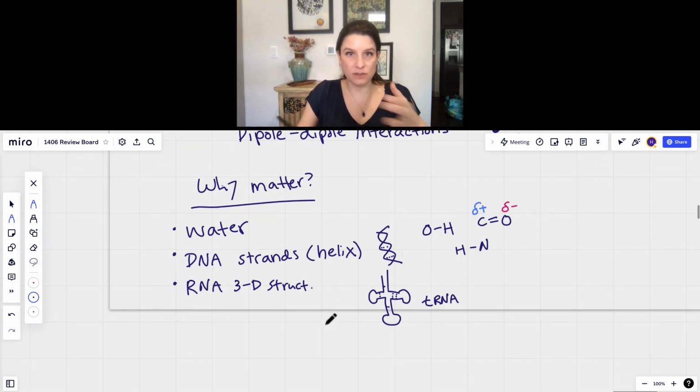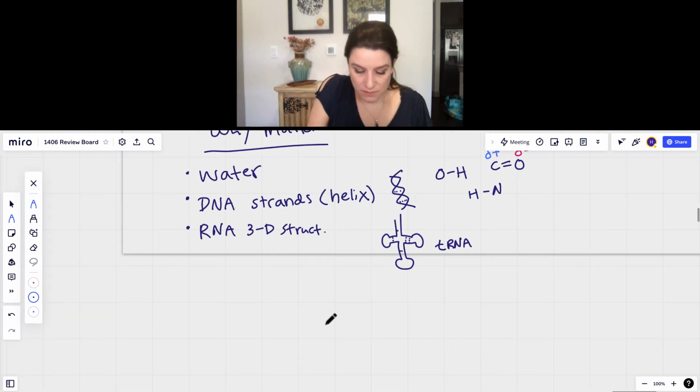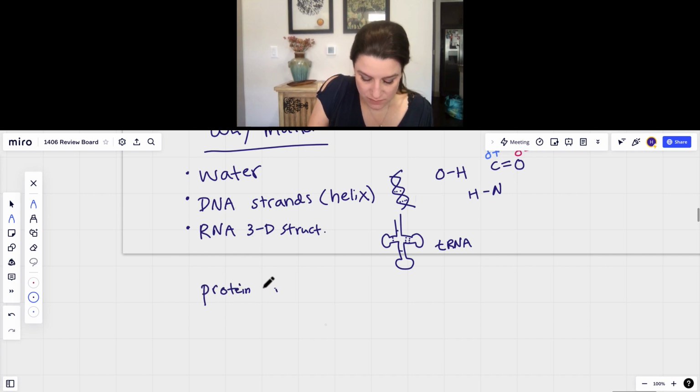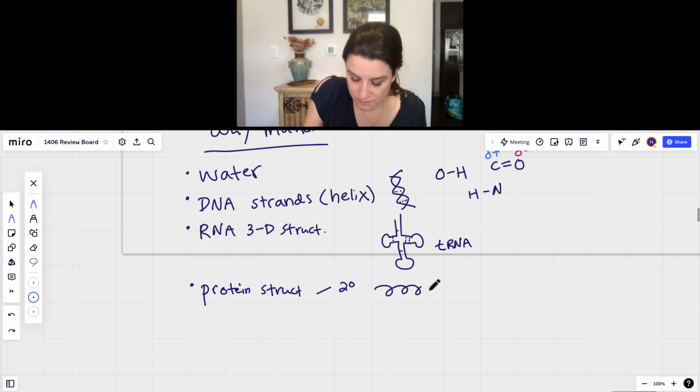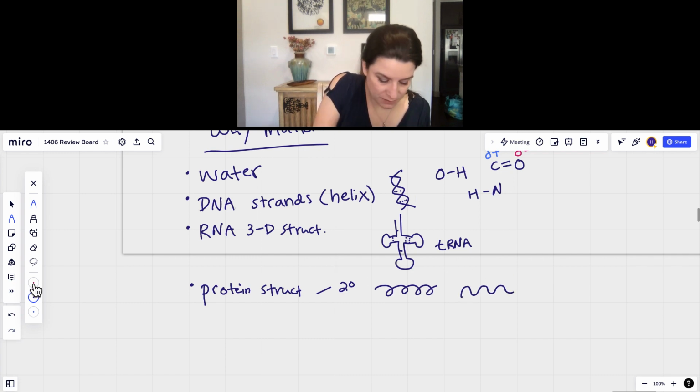Other RNAs also have three-dimensional structures. We have protein structure on multiple levels. So you've got the secondary structure, the alpha helices, and beta pleated sheets. Both of those are held together by hydrogen bonds between the backbone.